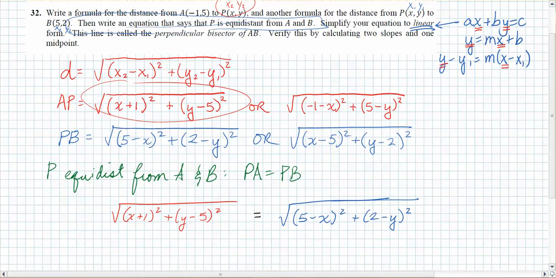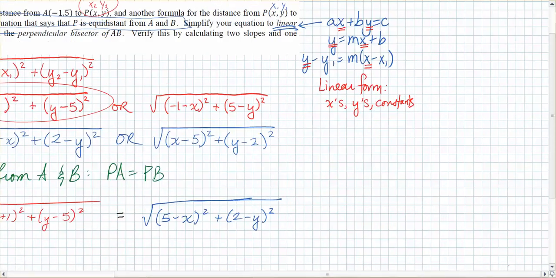Same deal down here. Everything else is some sort of constant. So linear form really means you have x's, y's, constants, and that's it. So you never end up with x squareds, y squared, cubes, square roots of x's, etc. Just single x's, single y's, and constants that go with them.